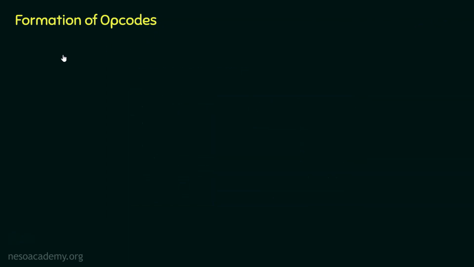Now, in order to learn about the formation of opcodes, today I am going to use three different types of instructions, and they are MOV R1, R2, MOV R, M, and MVI R, D8. The reason why we are taking these three types is that they are of different sizes.